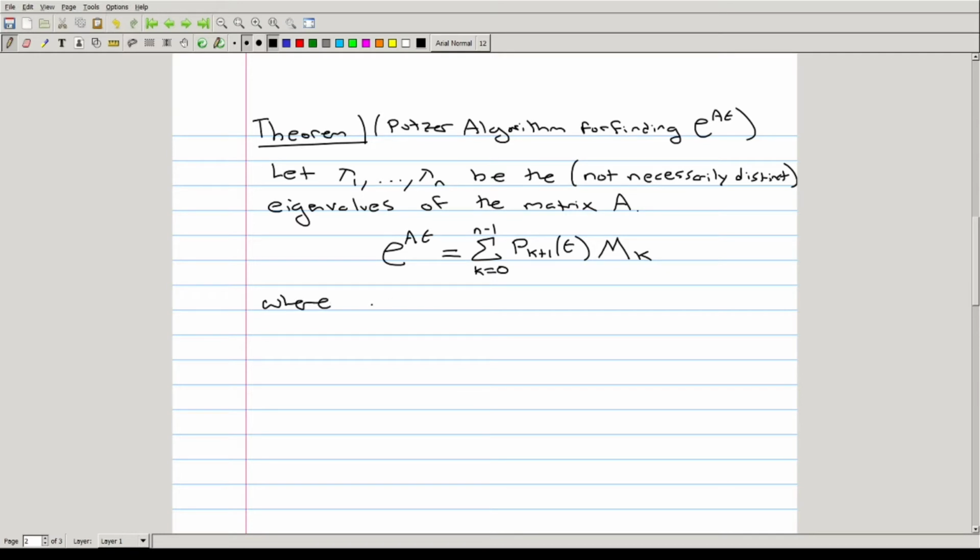where M0 is the identity matrix and Mk is the matrix product for i from 1 to k of A minus lambda i times the identity matrix. So this is what the Mk's are.